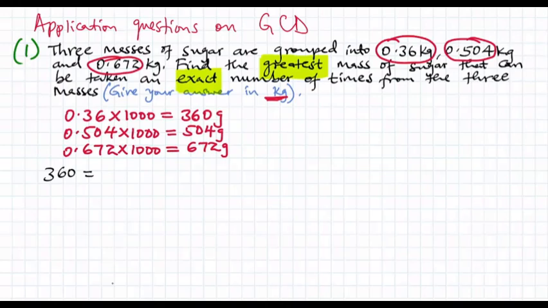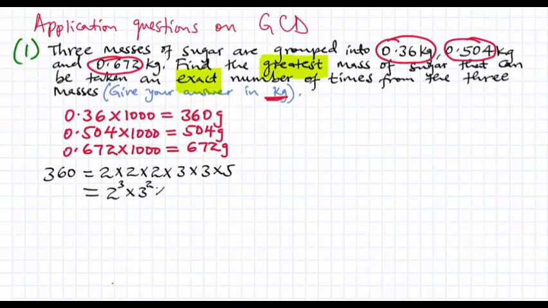So 360 is the same as 2 times 2 times 2 times 3 times 3 times 5, which is 2 raised to 3 times 3 raised to 2 times 5.